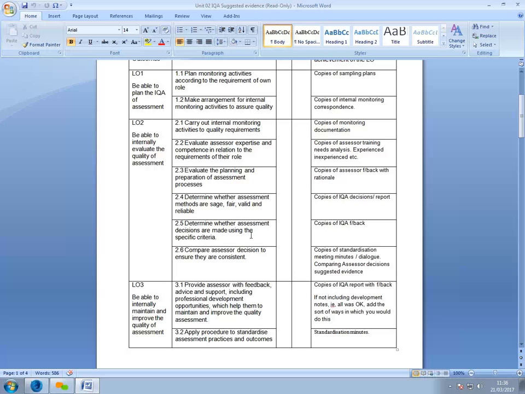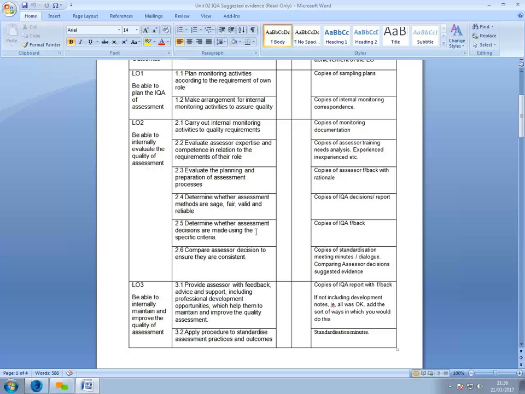2.5, determine whether the assessment decisions are made using specific criteria. Again, this is a copy of your IQA feedback. Again, it will say on the IQA record, were these assessed by using the criteria only. Well, I know that sounds stupid because you've got a set of criteria that you either are achieving or you're not achieving. But sometimes when it says specific, this can depend, especially on this type of qualification where you've got a lot of academic work.